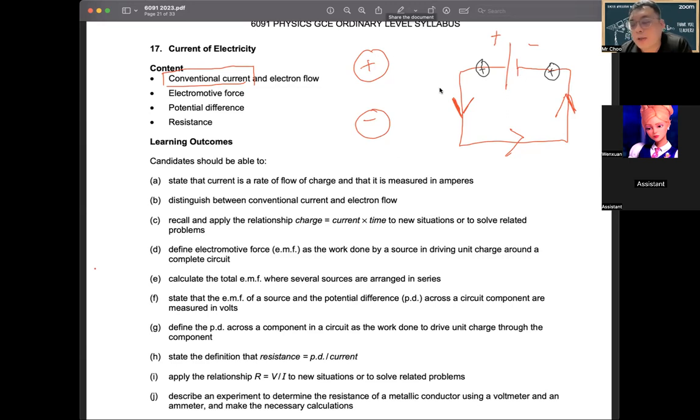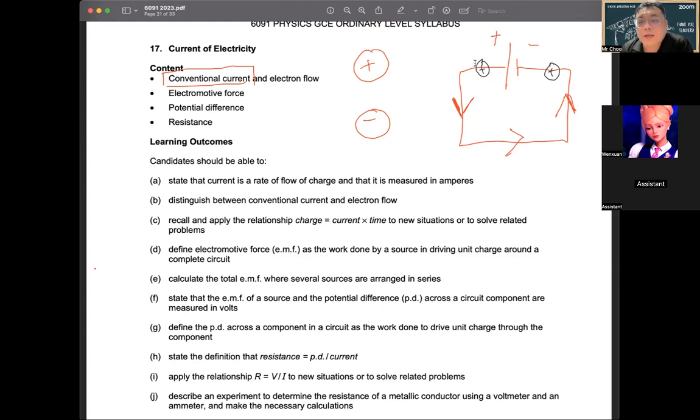So all our calculations, everything that we do in physics, we are all using conventional current. In your calculations and in your diagrams, everything is about conventional current. However, we also know that the positive charges in a metal conductor don't move. They are fixed in the nucleus of the atom.